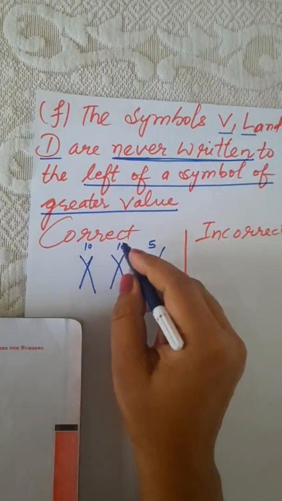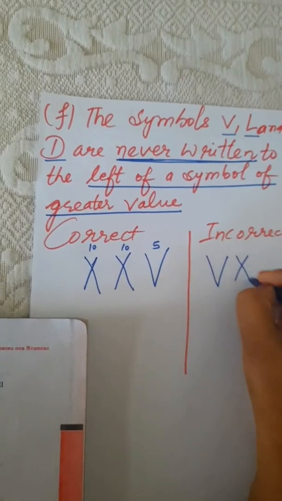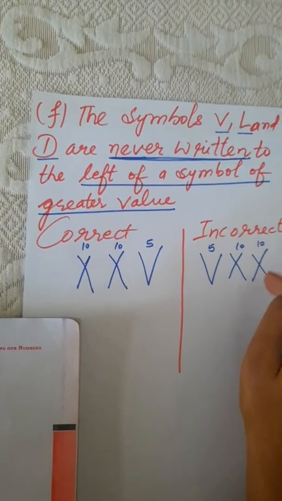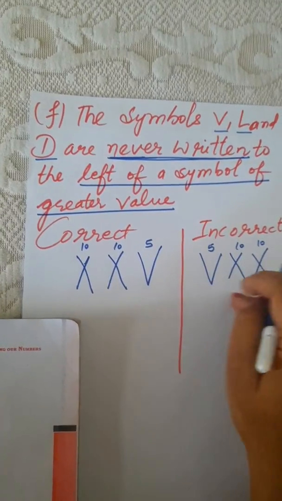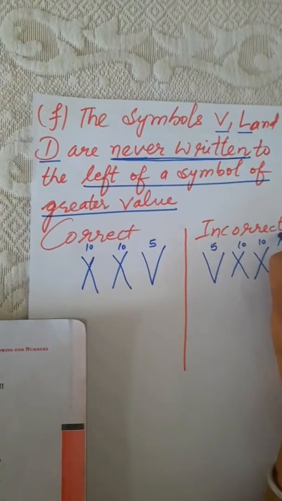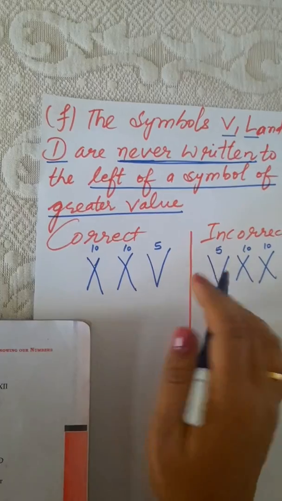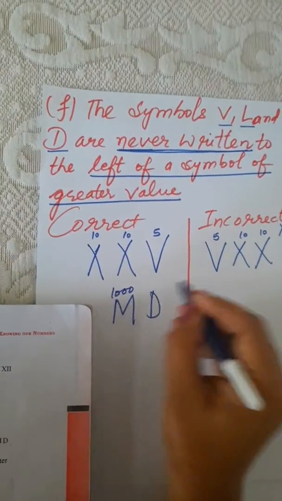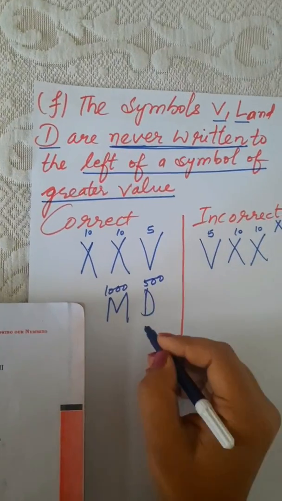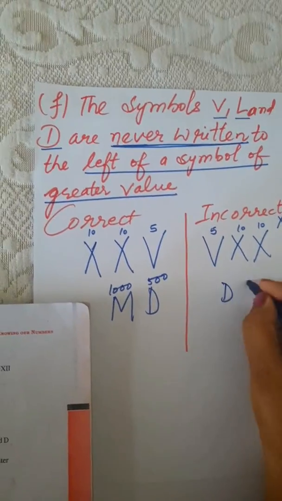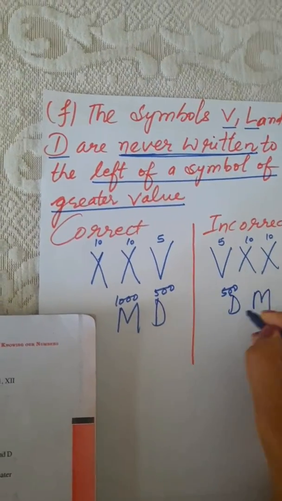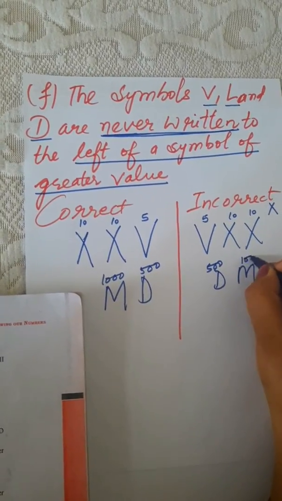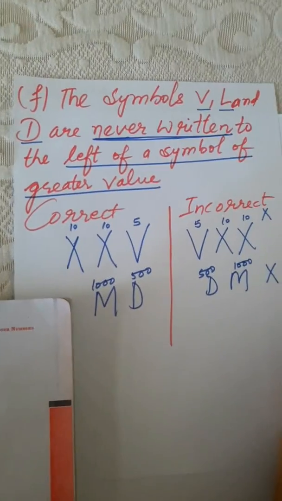So this is the correct way to write, but I can't write V, X, because we can't write this V to the left of a symbol of the greater value. This is the incorrect way. Similarly, I can write MD because M represents 1000 and this represents 500. But we can't write DM because here D has a smaller value as compared to M. So this is the incorrect way.